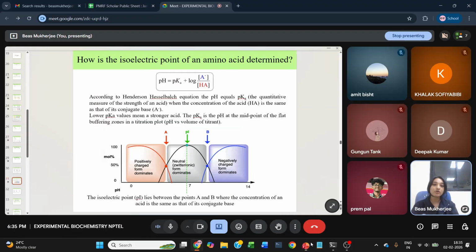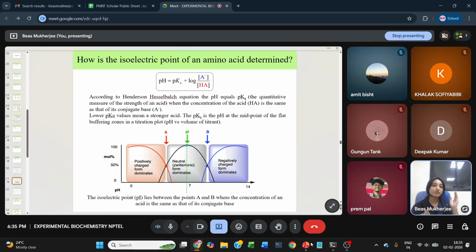Okay. Now we'll talk about the Henderson-Hasselbalch equation. So, how is the isoelectric point of an amino acid determined? Last class we talked about this particular equation, which is called the Henderson-Hasselbalch equation, and pH is equal to pKa in this equation when the concentration of the acid, HA, is the same as that of its conjugate base. The quantitative measure of the strength of an acid is pKa, right?